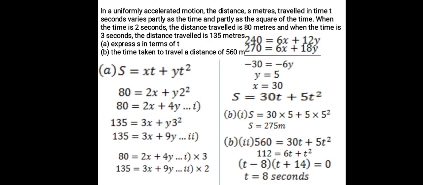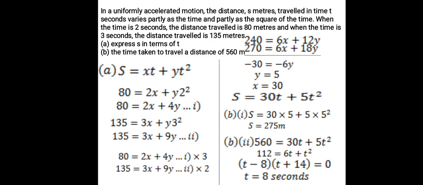In a uniformly accelerated motion, the distance s meters traveled in time t seconds varies partially as the time and partially as the square of the time. When the time is 2 seconds, the distance traveled is 80 meters, and when the time is 3 seconds, the distance traveled is 135 meters.